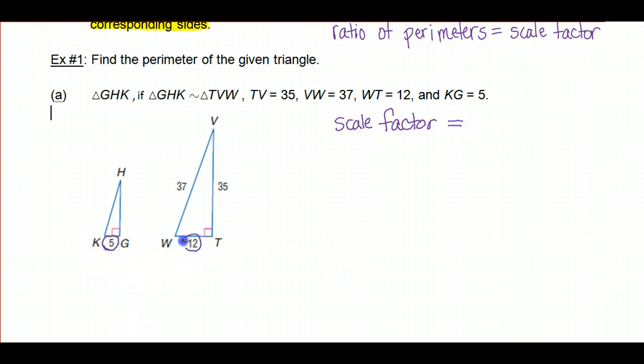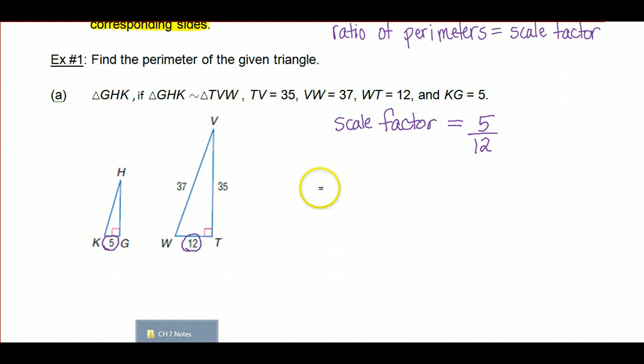So we're going to compare 5 to 12. Okay with that? And usually when we write the scale factor, I look back at the similarity statement. So it said GHK compared to TVW. So we have 5 to 12.